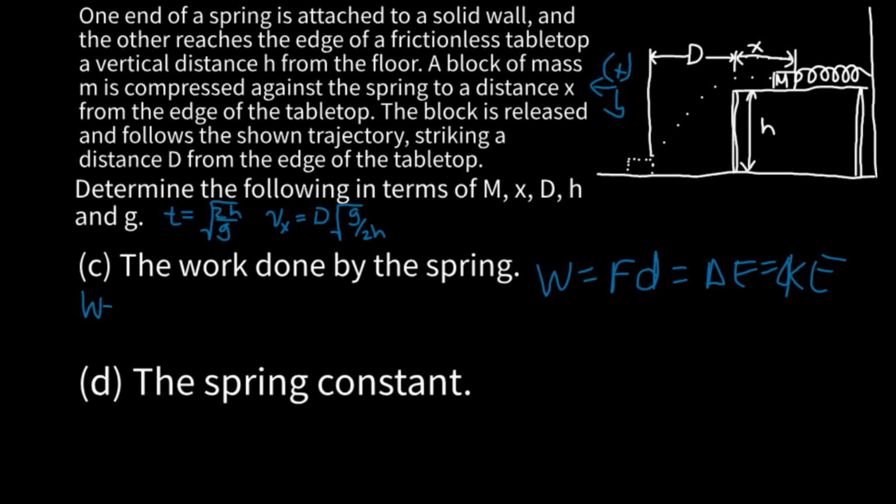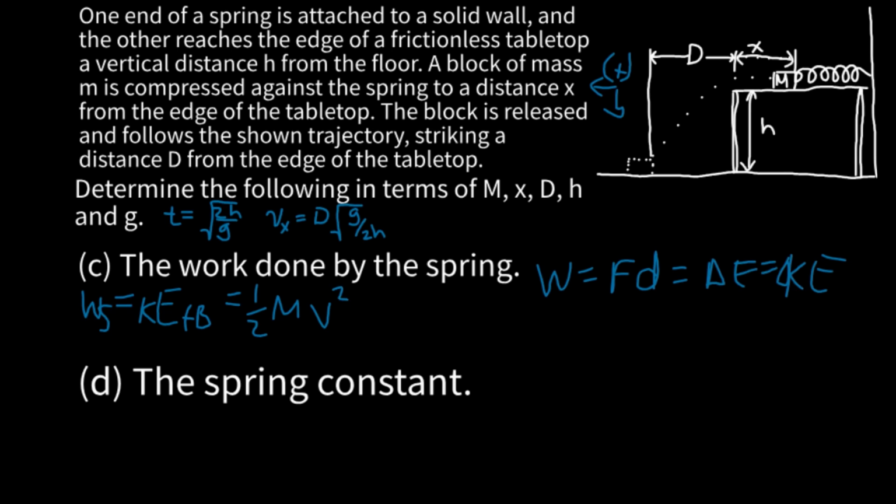So work done by the spring equals kinetic energy final of the block, which is going to be 1/2 times the mass of the block times its velocity squared, or its speed.